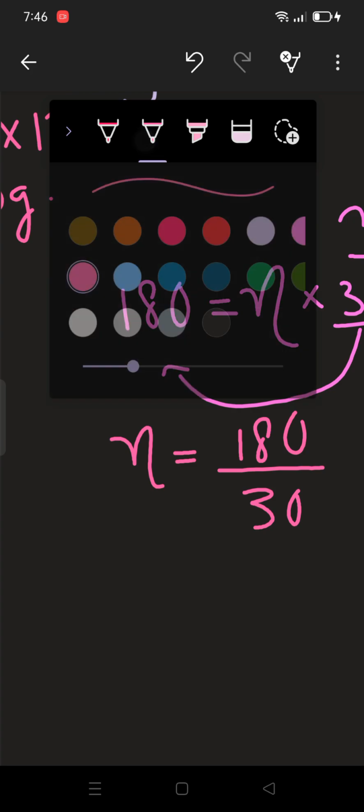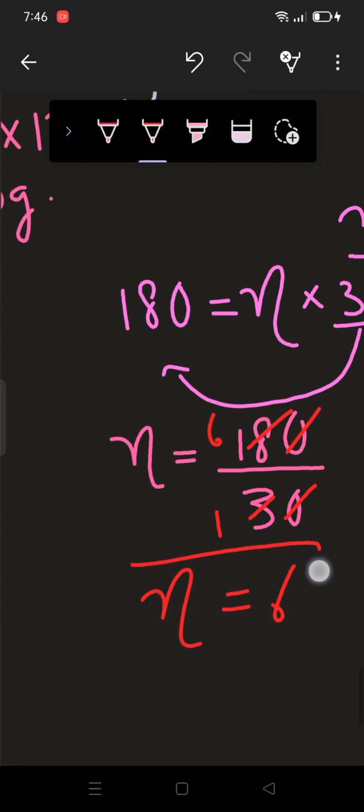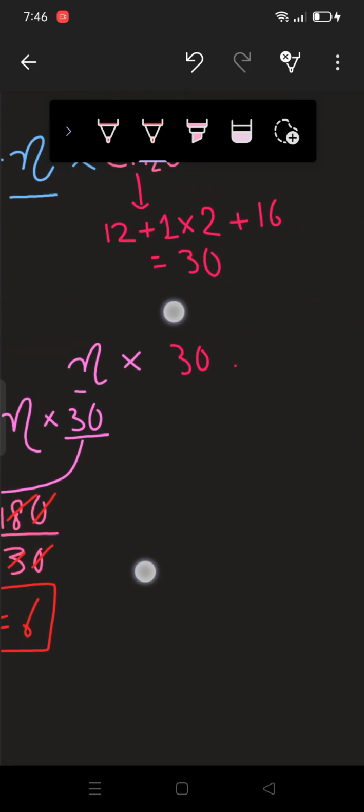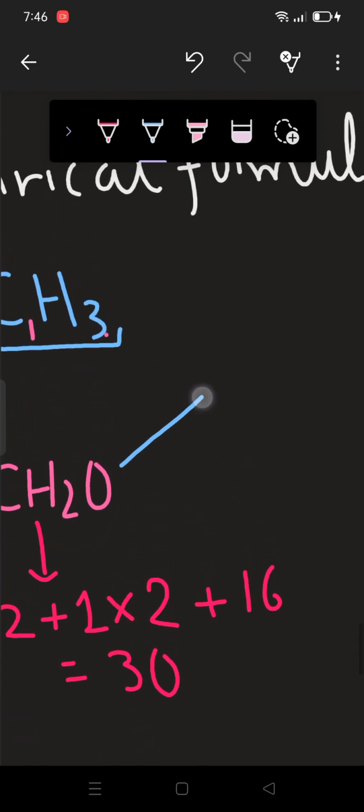So 0 and 0 cancel, 3 1s are 3, 3 6s are 18. Thus we get n as 6, right? Now let's multiply this empirical formula with 6. Let's check, will we get the molecular formula of the glucose or not?